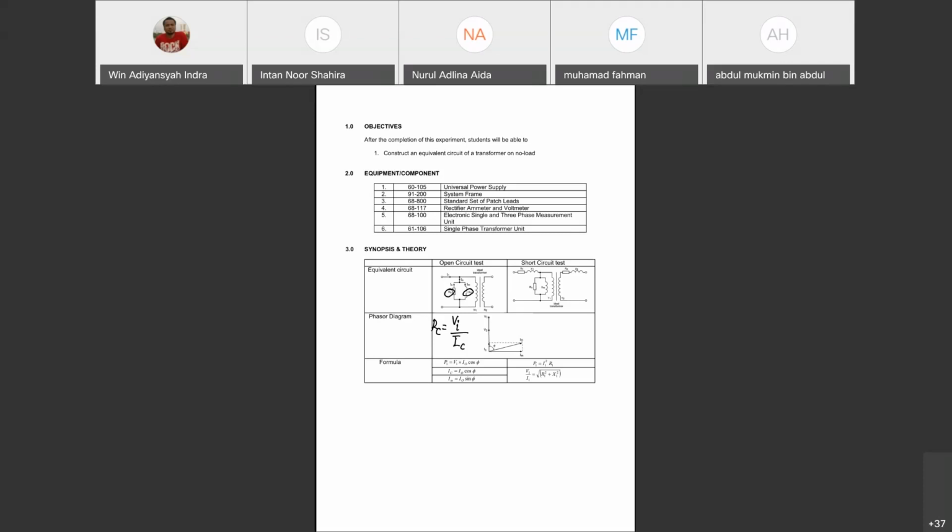Experiment 1, 230, right? Rotate the variable output voltage control until the voltmeter V1 indicates 230 VAC. So you get the RC.